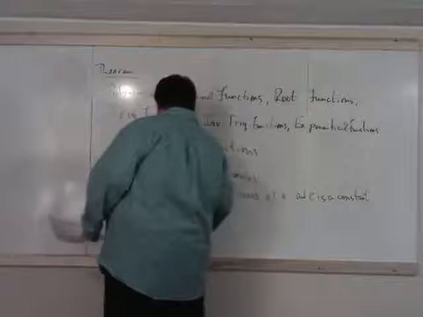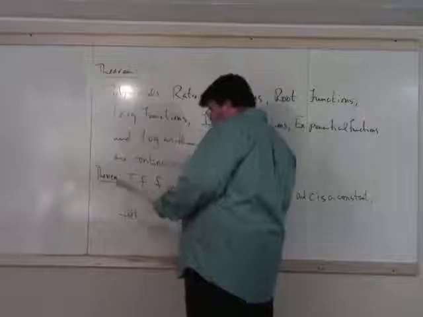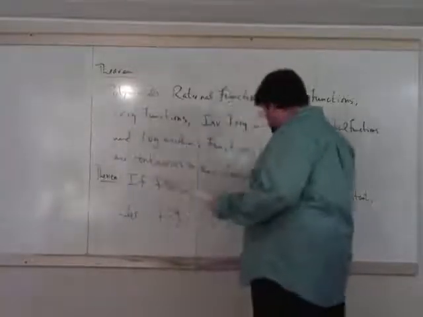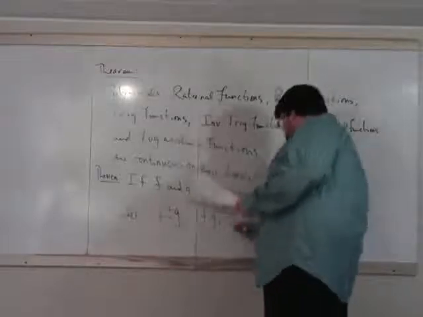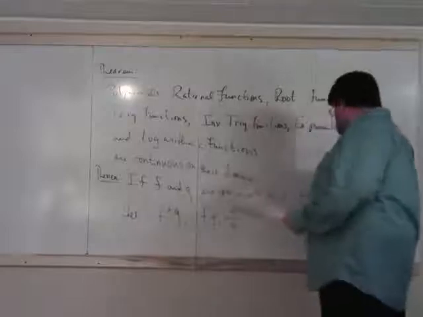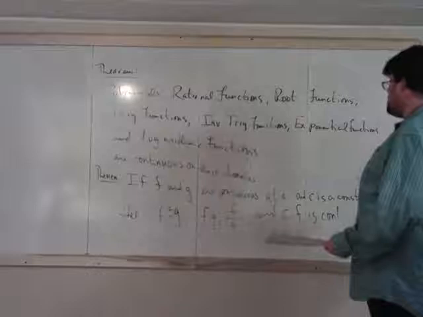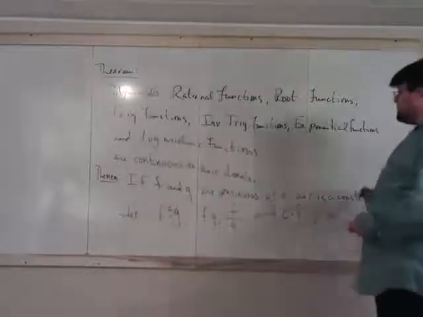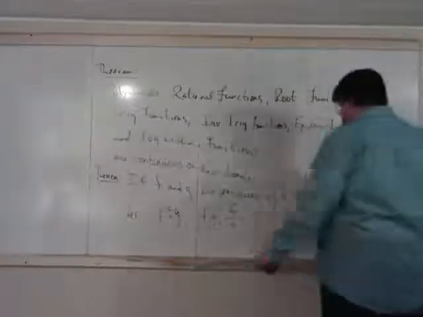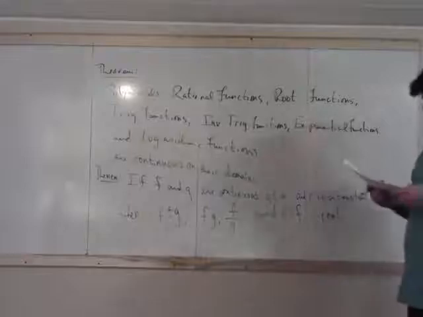F plus or minus g is continuous. F times g is continuous. F divided by g is continuous if g is not 0. And c times f is continuous. If f and g are continuous at a and c is a constant, then f plus g, f minus g, f times g, f divided by g, and c times f are continuous at a.